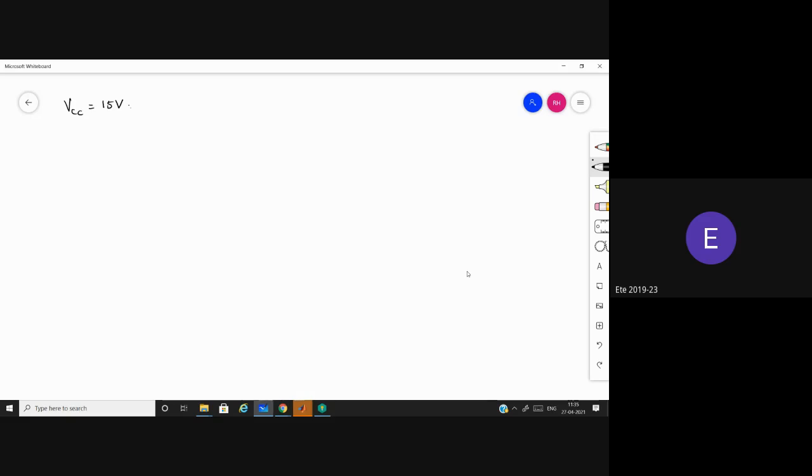VCC is equal to 15 volts, ICQ is equal to 5 milliamps, VCEQ is equal to 7 volts, beta is equal to 150, VBE is equal to 0.7 volt. Draw the designed circuit.